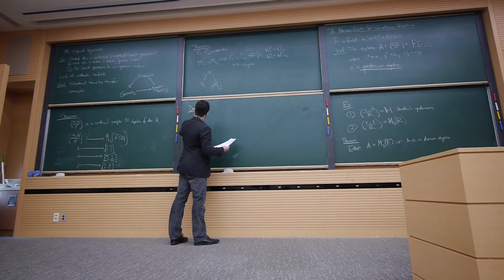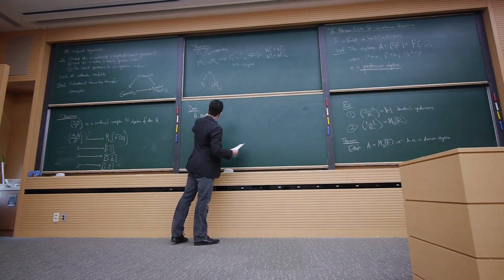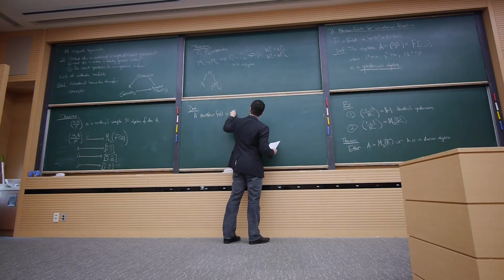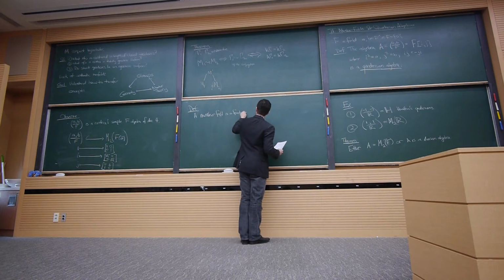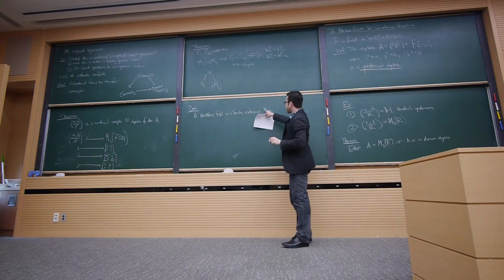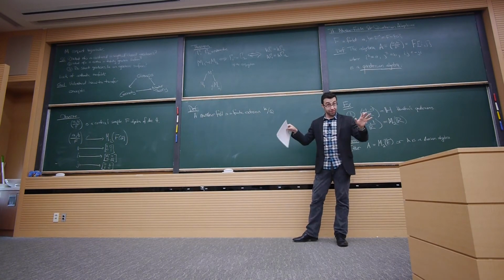So a number field is a finite extension K over Q. I'll reserve the symbol K to be number fields from here on out.